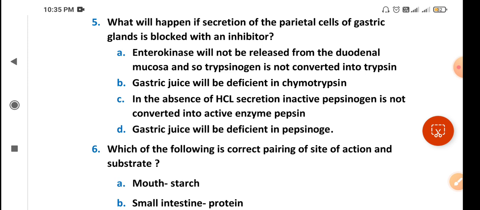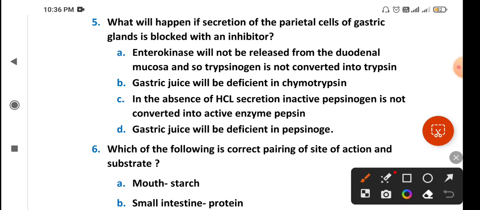हाँ, तो HCl secrete नहीं होगा. अगर parietal cells ब्लॉक हो गए तो HCl secrete नहीं होगा. और HCl का एक फंक्शन होता है कि वो it converts the inactive enzyme pepsinogen into active enzyme pepsin. So it will not take place, that is the conversion of pepsinogen into pepsin will not take place. So answer will be C option.